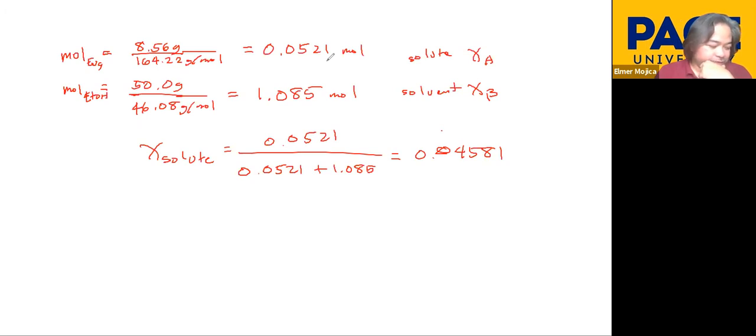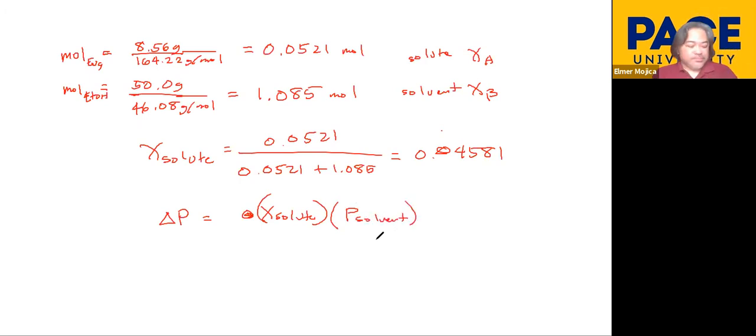So what we're going to do now is we're going to get the delta P. And the delta P is just equals to X solute times P solvent. Right?